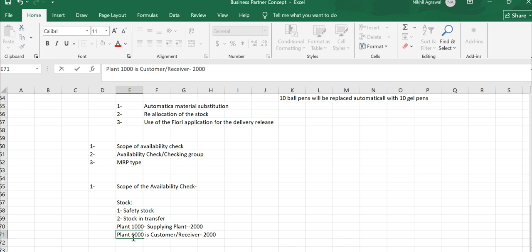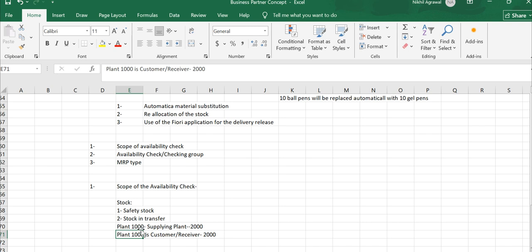In that case, stock will be getting added. Stock is increasing. In the other case, stock is decreasing because goods are getting issued from 1000. In this case, it is a receiver, and stock is increasing. These two points come under the stock transfer order, guys. This is the significance of STOs.